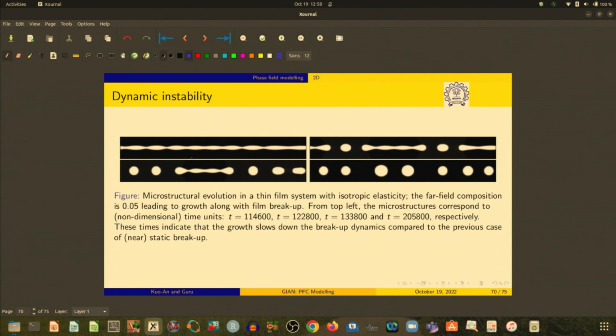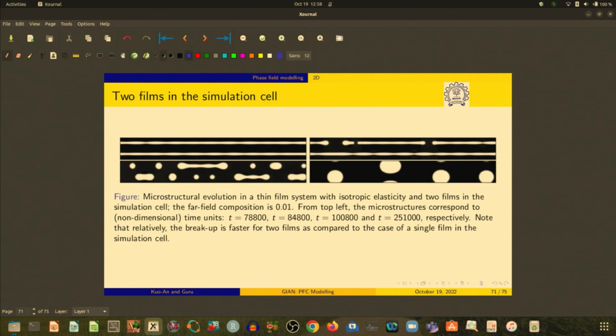So, you can see the length scales in this system are very different and the coarsening is still there. So, you can also look at the effect of adding a flux to the film that is undergoing ATG instability. Okay.